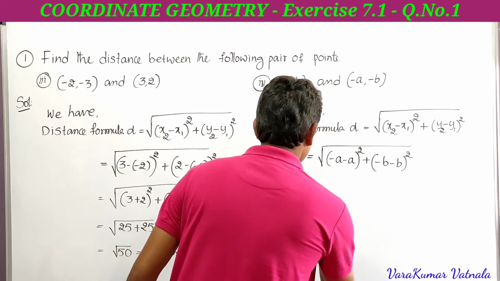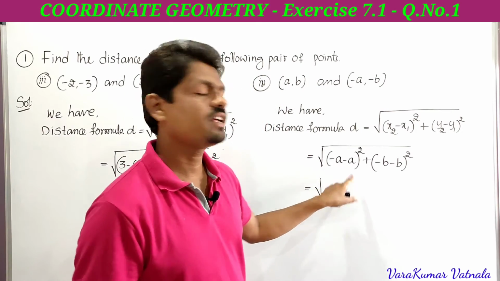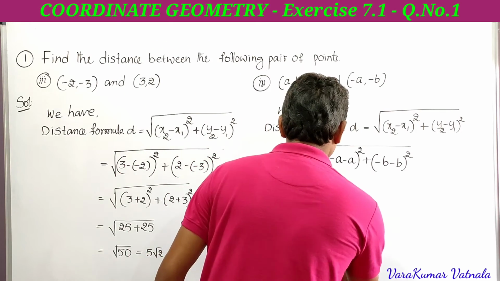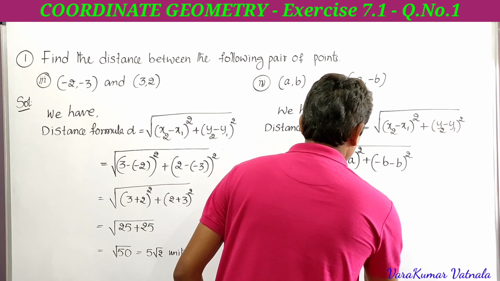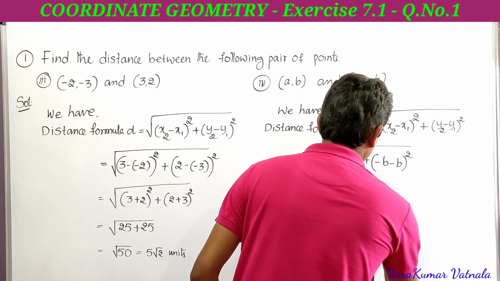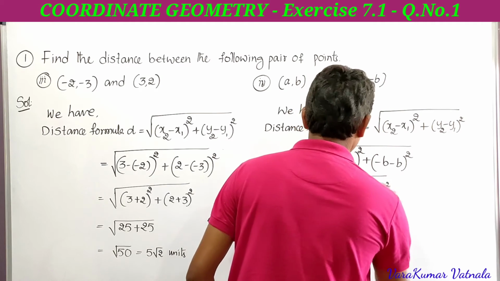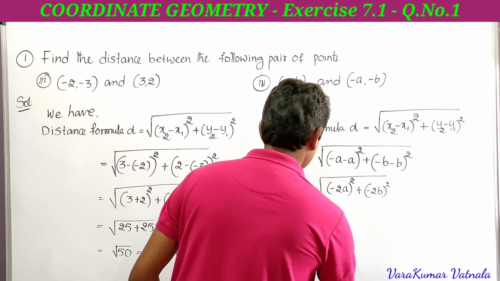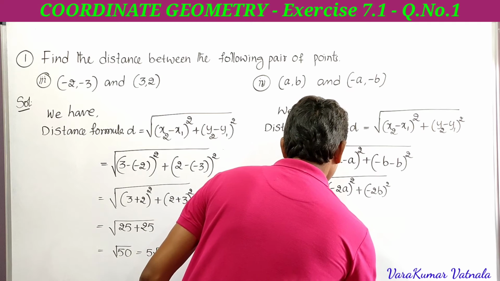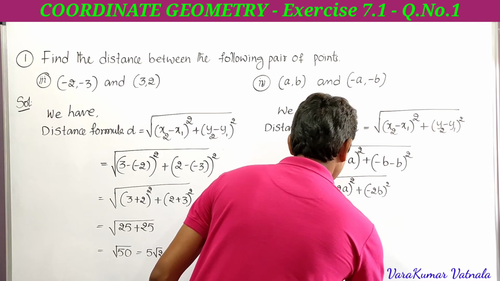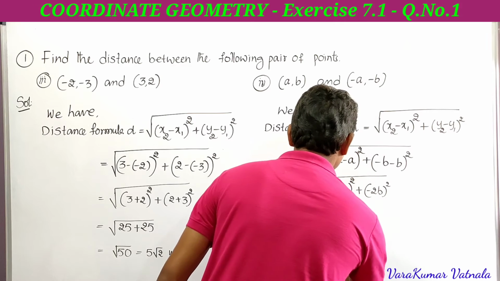Next we have to simplify further. Minus a minus a is minus 2a, whole square, plus minus 2b whole square. Minus 2a whole square is 4a square, plus minus 2b whole square is 4b square.